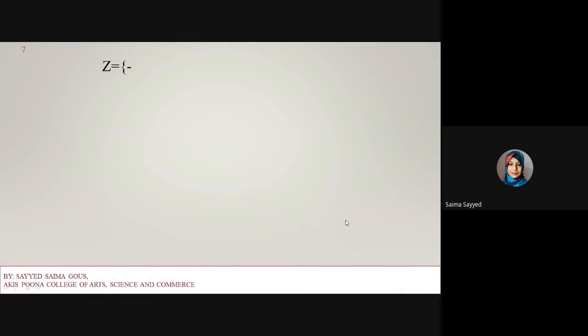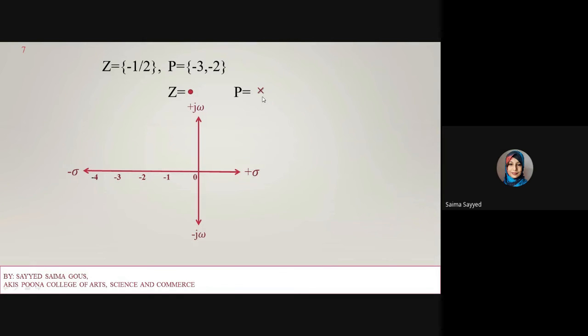Now we have to represent these zeros and poles in the s-plane. We know that zeros are represented by dots and poles are represented by crosses. So first represent the zero, that is -1/2. Here a dot is representing the zero at -1/2, and there are two real poles, -2 and -3, which are represented by cross signs.